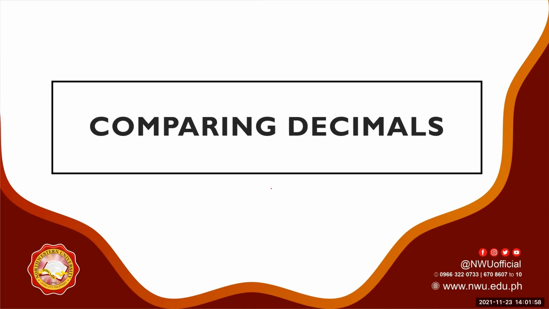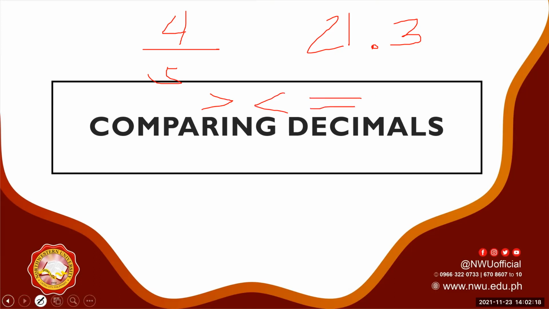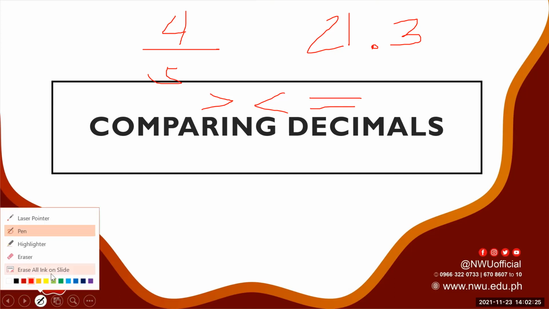So what if naman, ang given scenario is you are asked between 4/5 and, for example, 21.3, which one is greater? So you are asked to decide kung ito ba ay greater than, less than, or equal. So that is our main goal today, which is to discuss what you are going to do if this is the kind of scenario you are in.